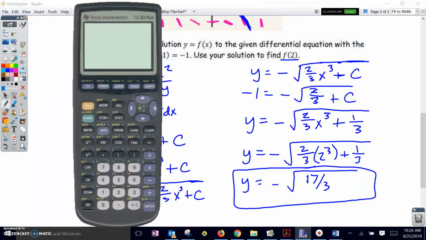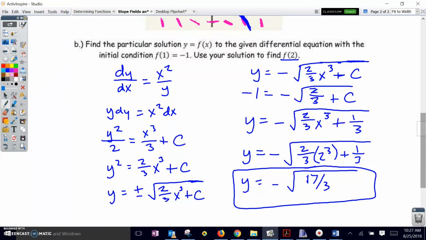If I take an approximation of the opposite of the square root of 17/3, we get negative 2.380. And so our value when x is 2 on our solution curve above should be about negative 2.38.